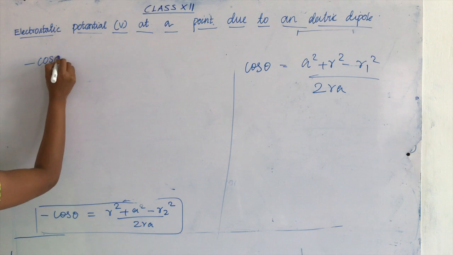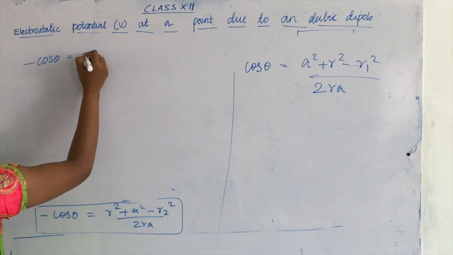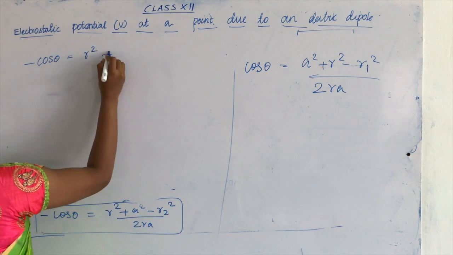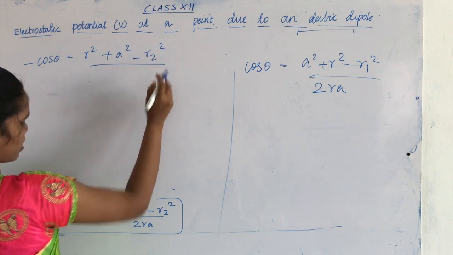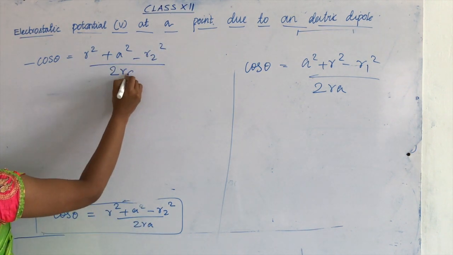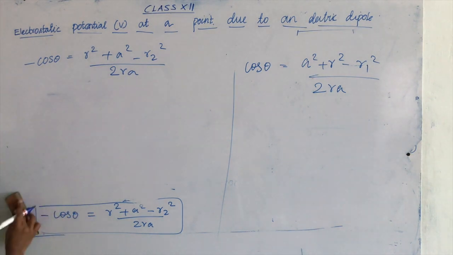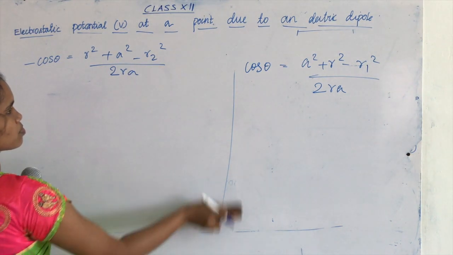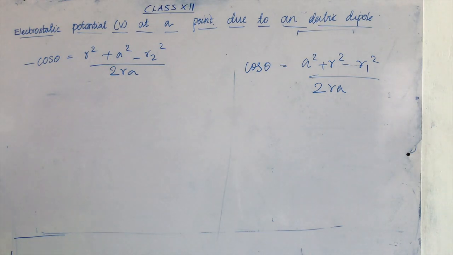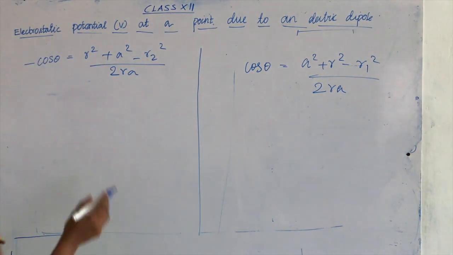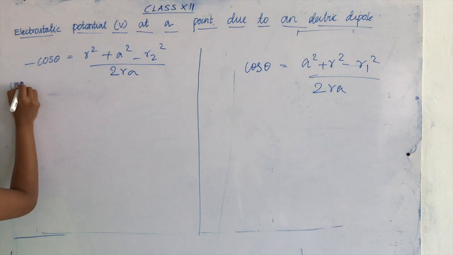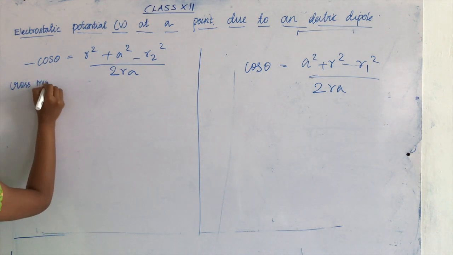Minus cos theta equal to R square plus A square minus R2 square divided by 2RA. Okay, now we are going to solve it. Now cross multiply.